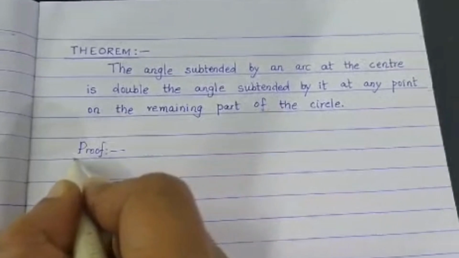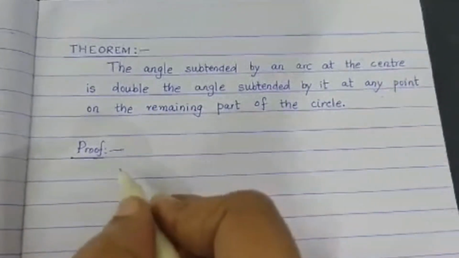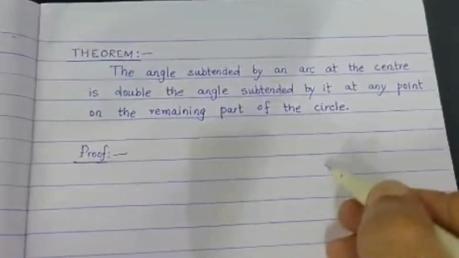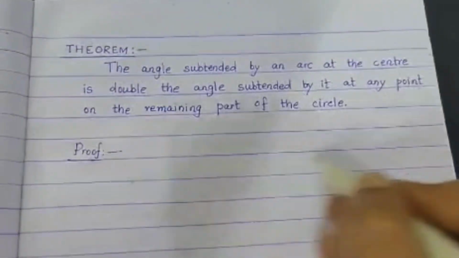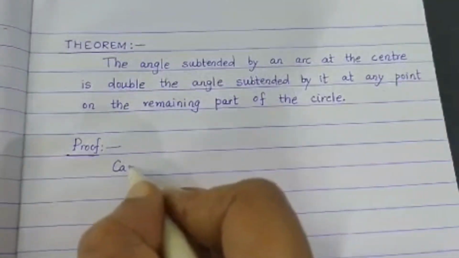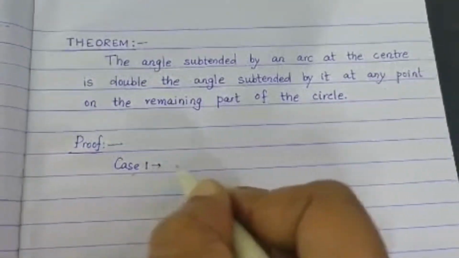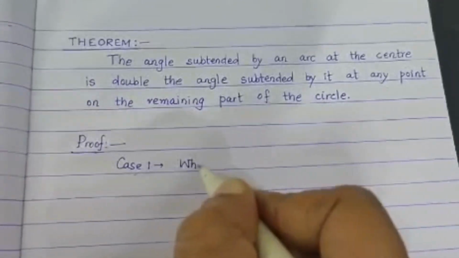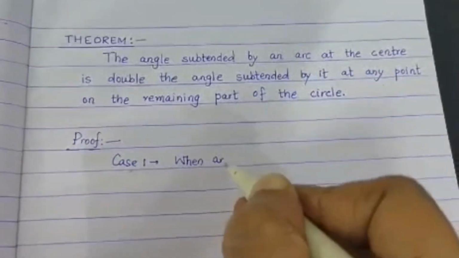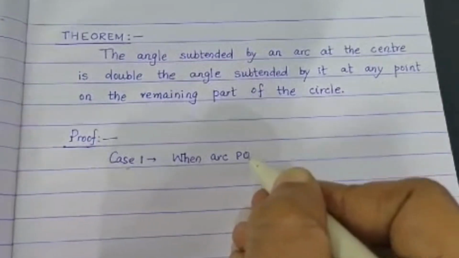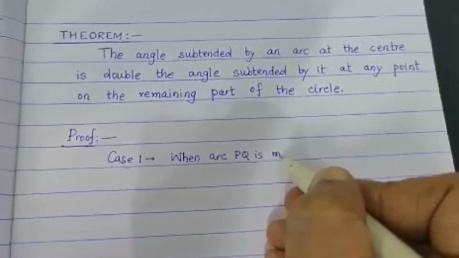And we will consider three cases. Okay, so first of all, let us see case 1. Case 1 is when arc PQ is a minor arc.